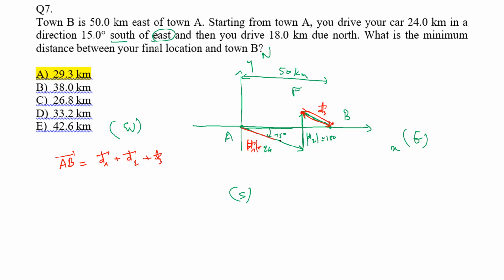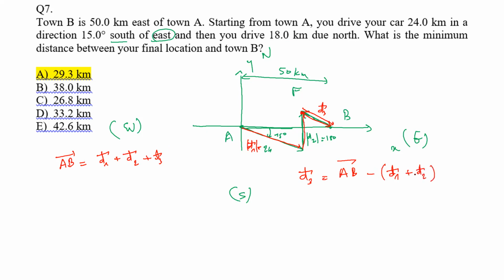So this is D1, this is D2, and this is D3, and I will end up at town B. And that's the question. I want the third displacement. So the third displacement, D3, is just AB minus (D1 plus D2).